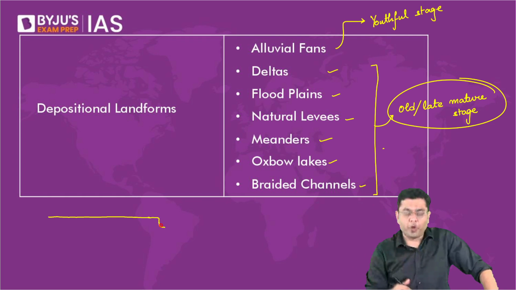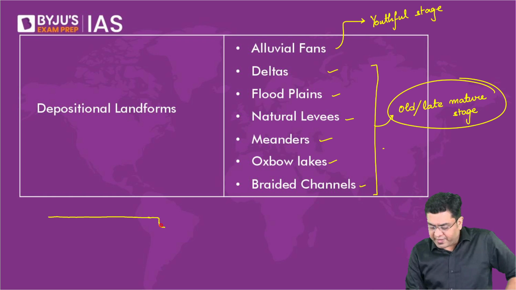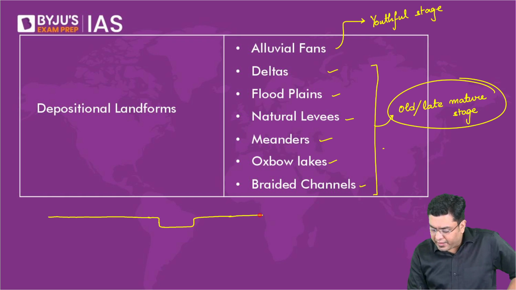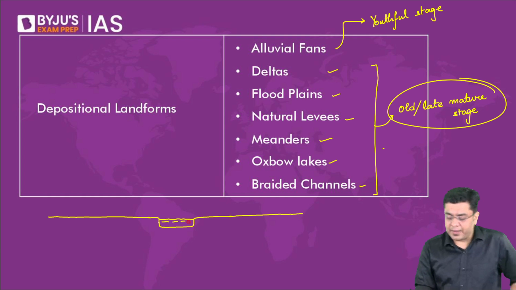If you have actually walked up to a river, not just crossed it by bridges or by train, you will observe that there is a gentle and shallow gradient leading you towards the river. And here is where the river water will be. This is the river channel.